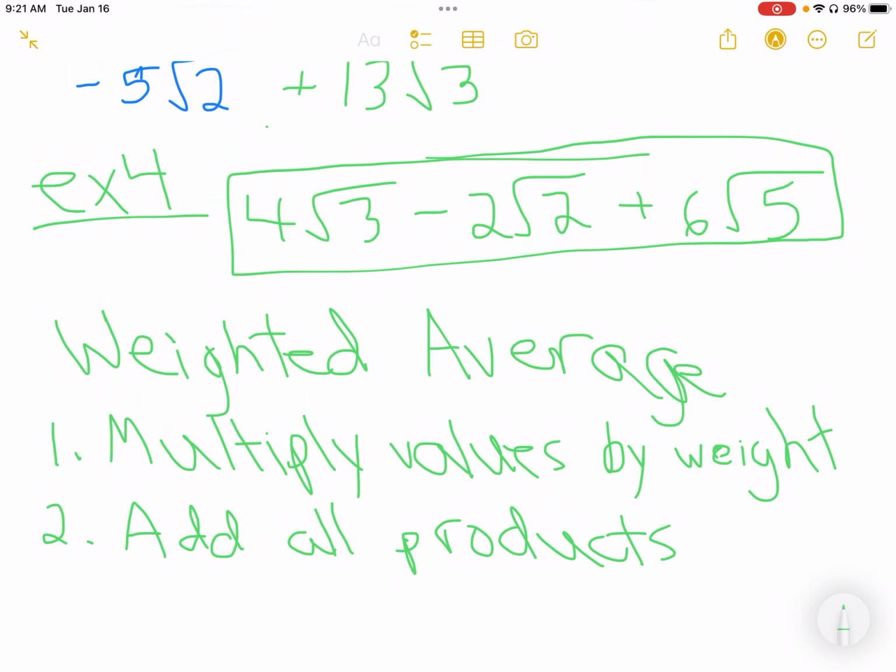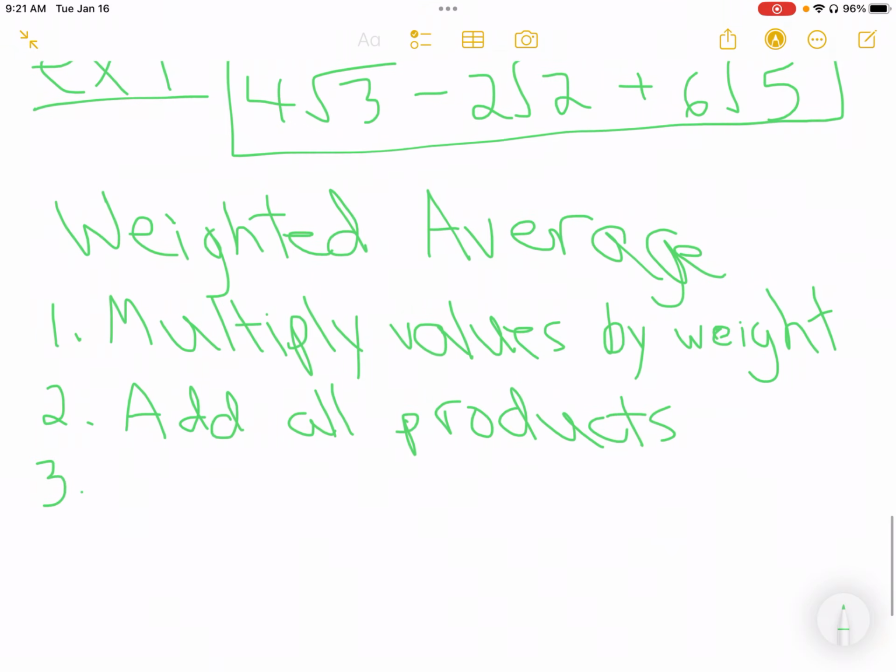And then lastly, I'm going to go ahead and divide. And when I divide here, I'm going to divide my total. Okay, so I'm dividing my total number here by the number of weights, right?